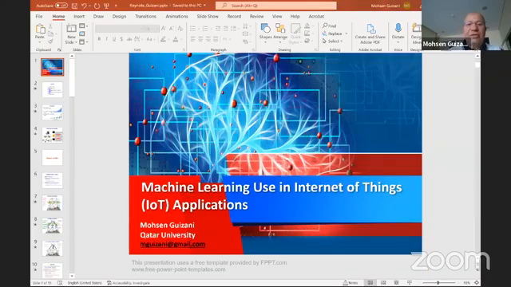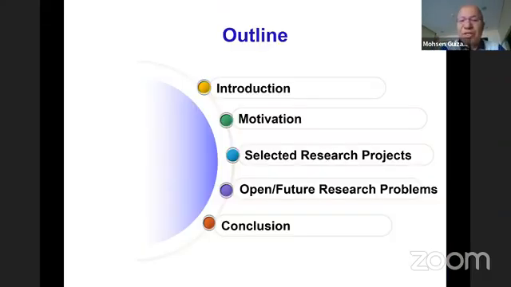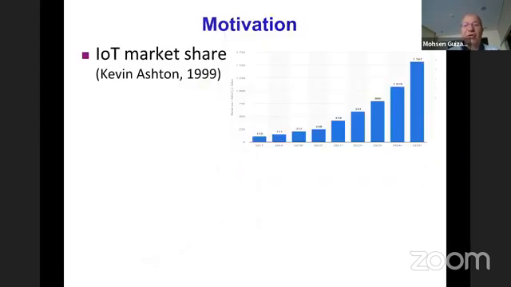The outline of my talk is to first motivate this work, then select a few projects to talk about the findings, and concentrate at the end on a few open research topics.